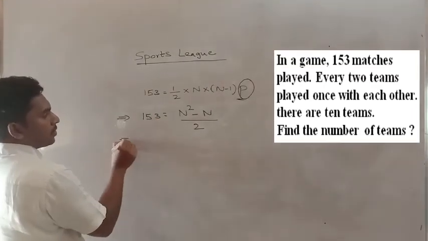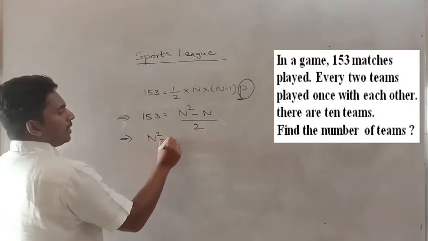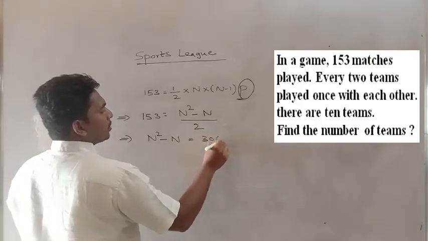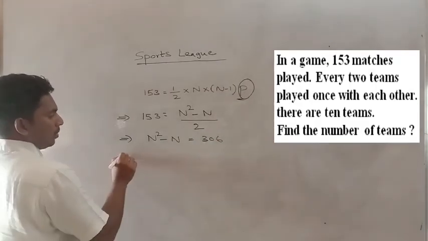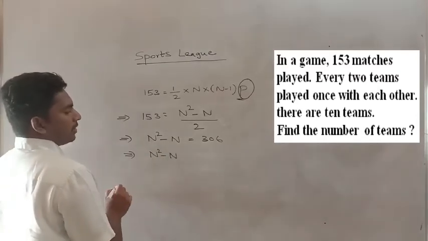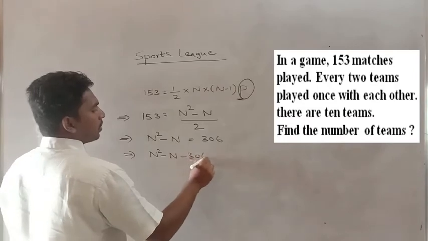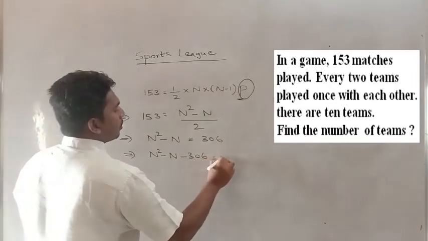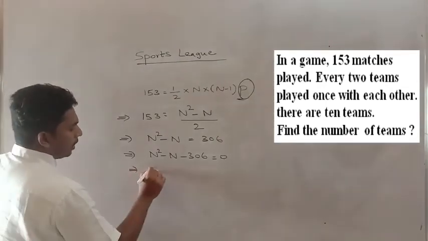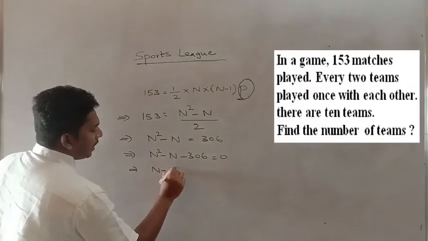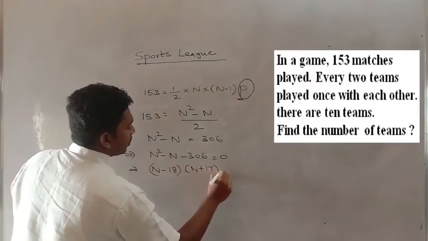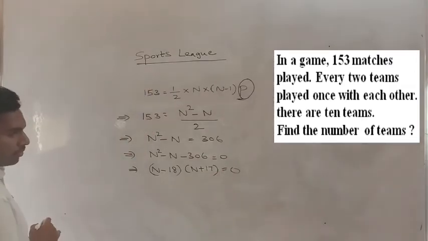From this, n square minus n is equal to 306. Writing this as an expression, n square minus n minus 306 equals 0. If we solve this, we get n minus 18 into n plus 17 equals 0.